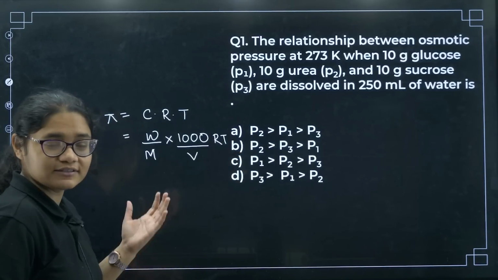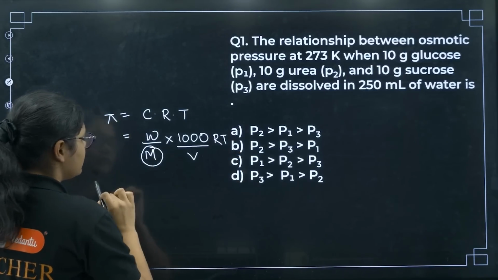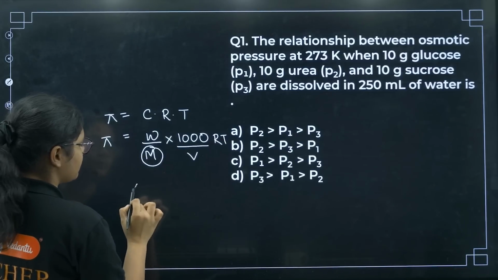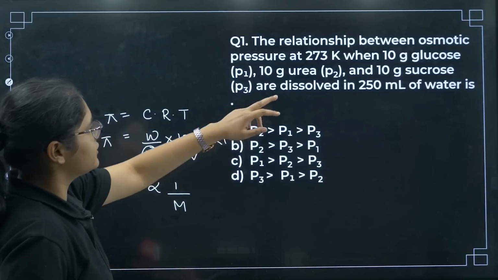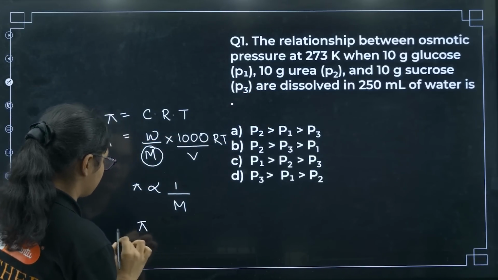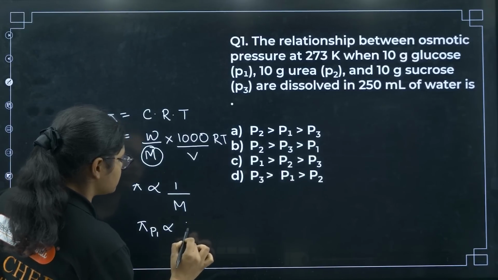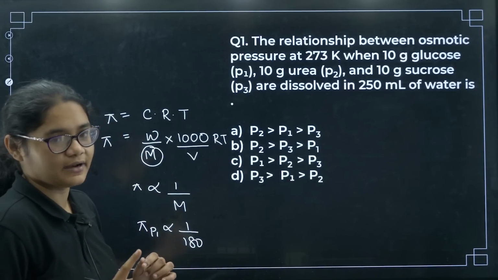Ma'am, do we have to do these many calculations in MCQ? No, my child. What you have to do, you can see that pi is inversely proportional to molar mass, right? So the first one here is glucose. I can say P1 will be proportional to 1 by glucose mass, which is 180. All of you should be remembering the glucose mass by now, okay?